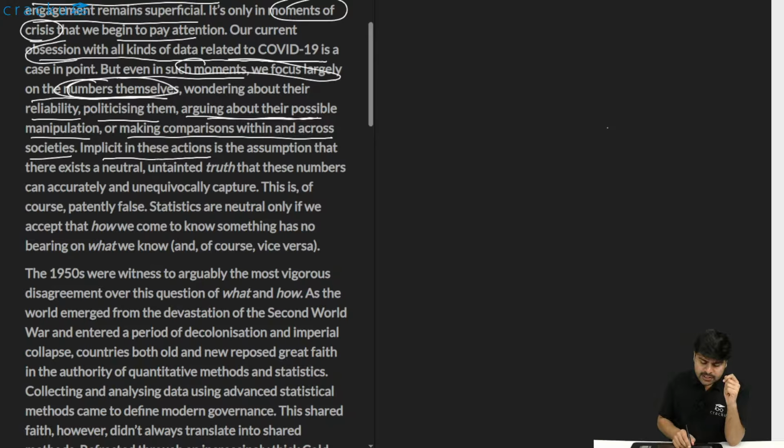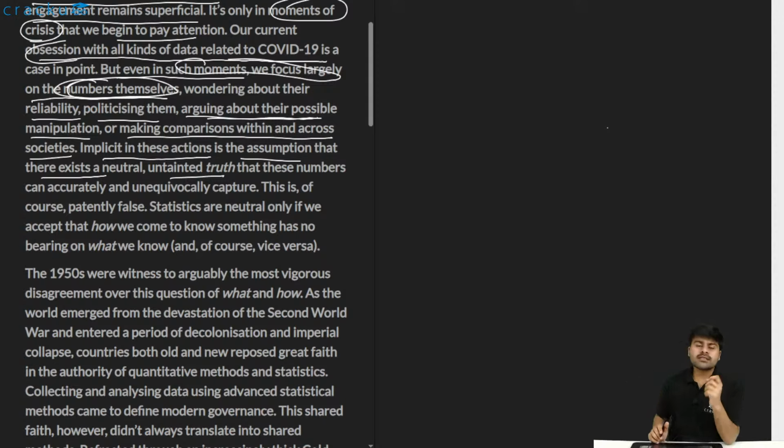Implicit in these actions is the assumption that there exists a neutral, untainted truth that these numbers can accurately and unequivocally capture. So whenever we are talking about data in terms of how it can be manipulated to suit certain interests, to give certain conclusions, what essentially are we assuming?